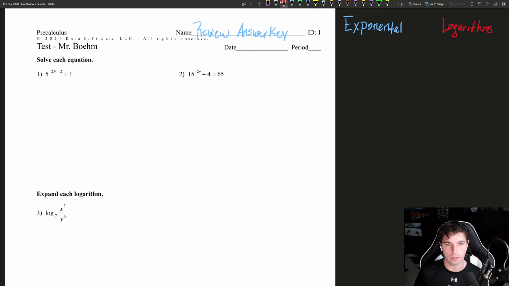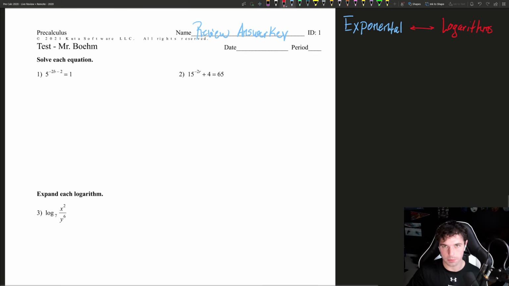So if you ever see something like this in number 1 and 2, you want to undo those exponential functions, right? So you want to undo this 15 to some power or this 5 to some power. In order to undo those, you need to use a logarithm. So that's the first and best thing that you can do, is to think out what you actually need to do in terms of these two things.